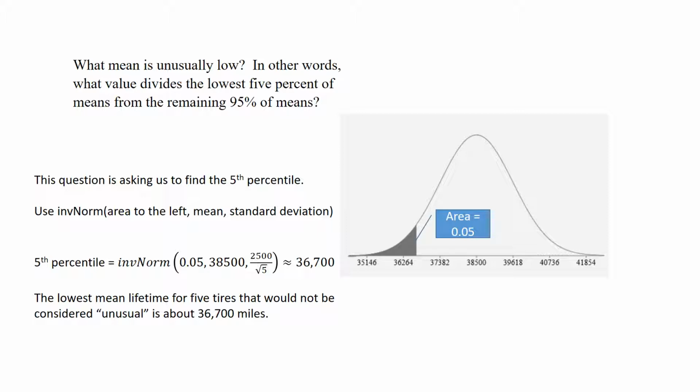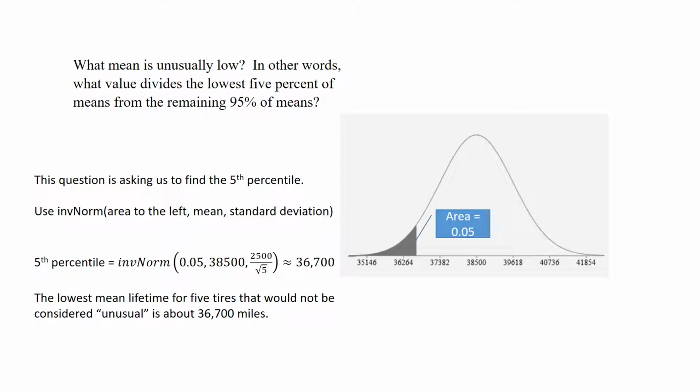That's shown by the area here where we say we want to know what average lifespan for these tires divides the 5% of the lowest averages from the rest. That's asking us to find the 5th percentile. And our calculator can do this. We would use the inverse normal function, inv-norm.